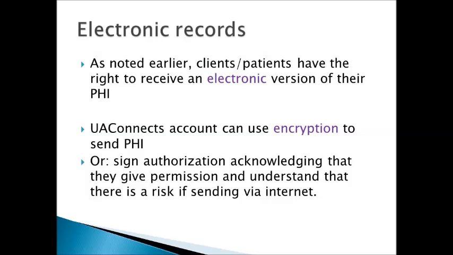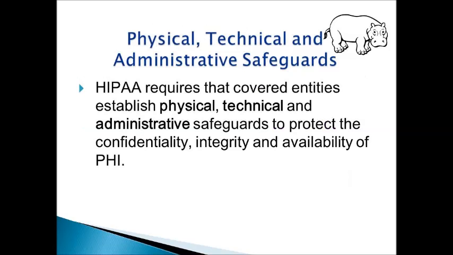This only works for UA Connects to outside the system, not from UA Connects to another UA Connects account. The alternative to that is to have a patient sign an authorization acknowledging that they give permission and understand that there is a risk if their private information is sent via internet.